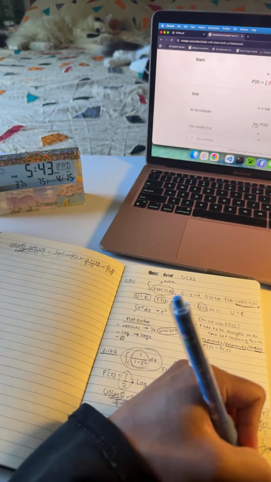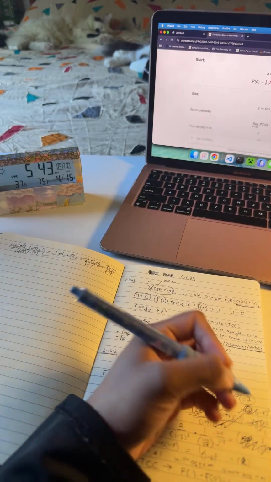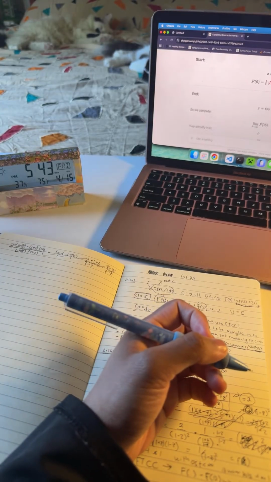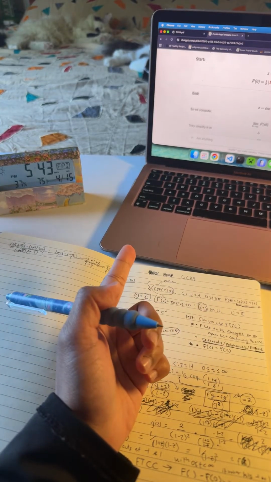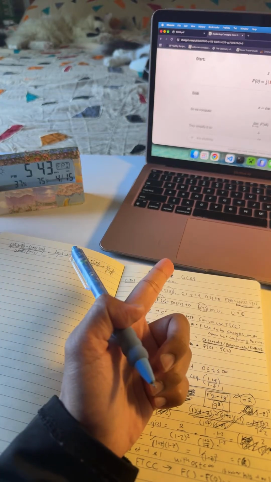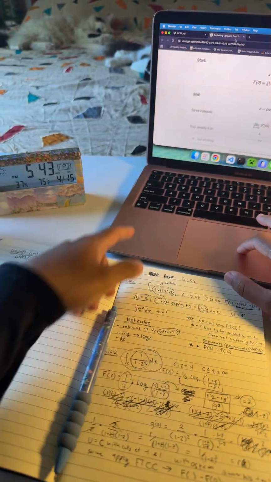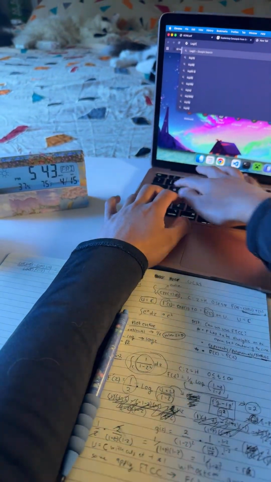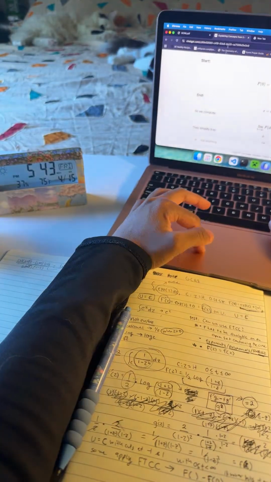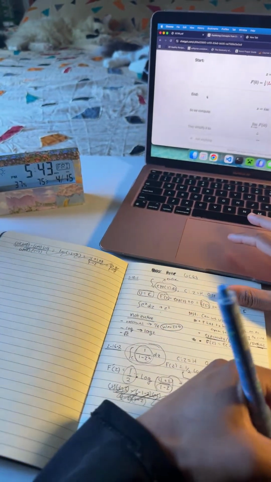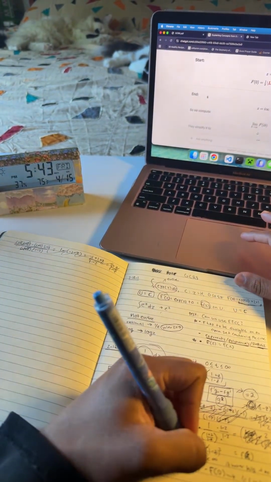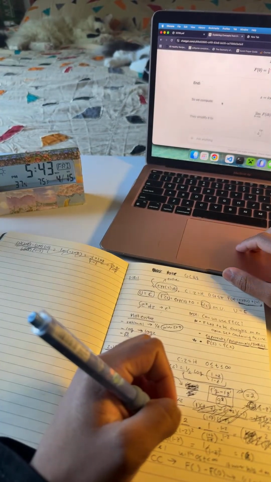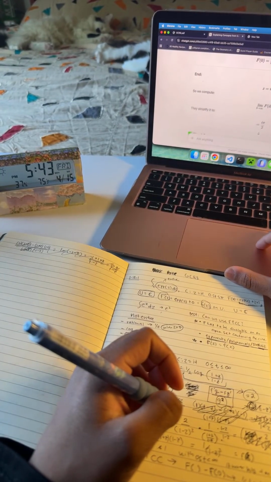Okay, so F of 0 is half log 1. And log 1 is equal to 0. What is log 1? Okay, so that equals 0. How did I forget that? So the end is i times infinity.